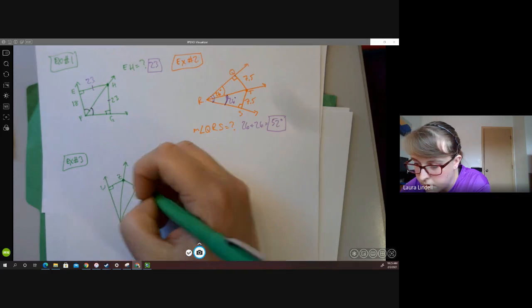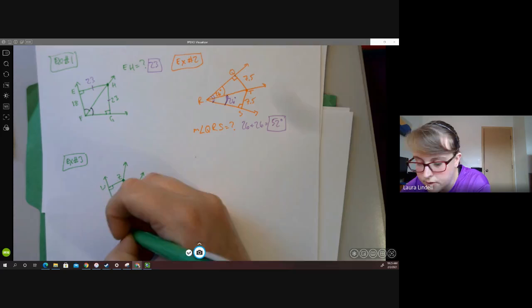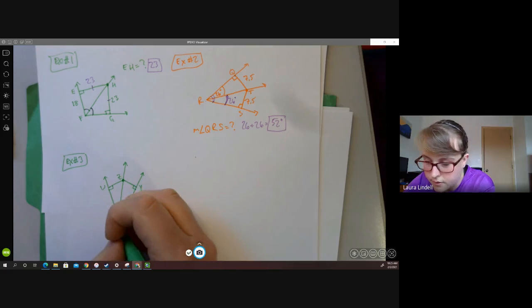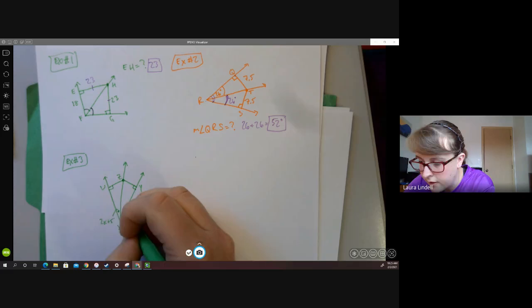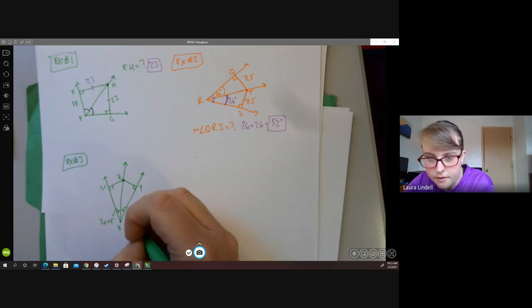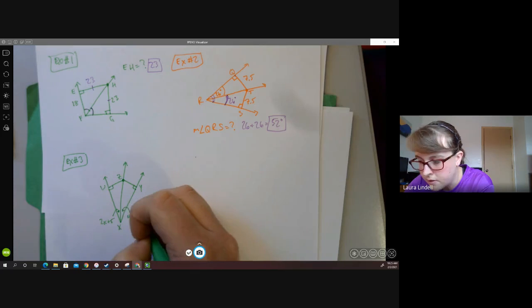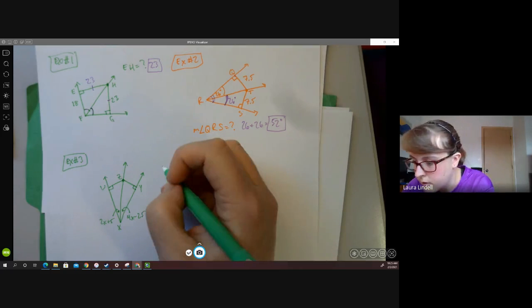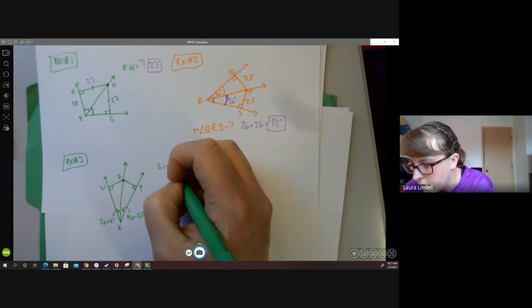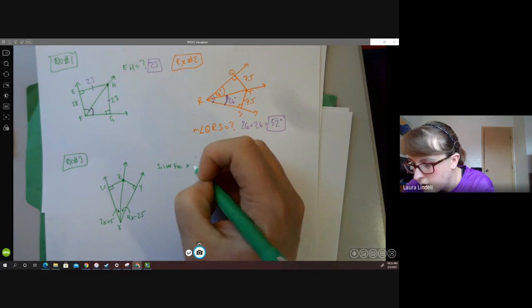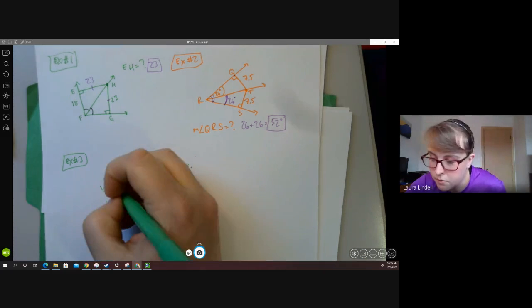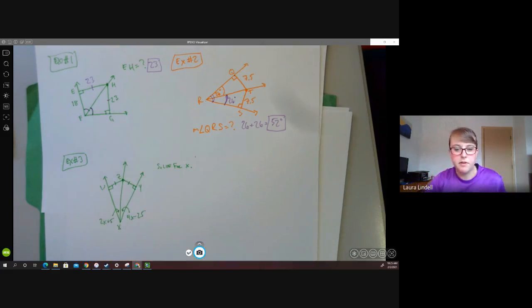Z, W, Y, X. We're told that this angle is 2x plus 5, and that this angle is 4x minus 25. And we want to solve for x. And we're also told that these are the same distance.